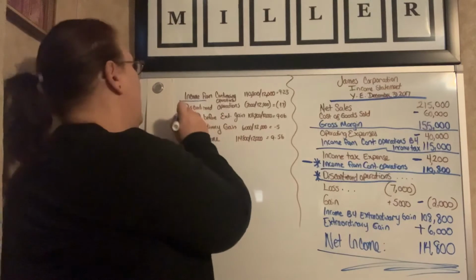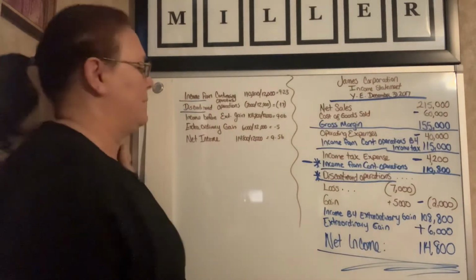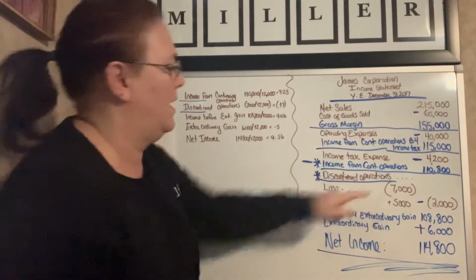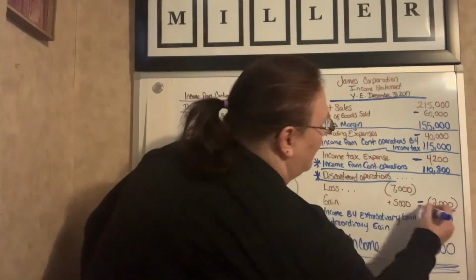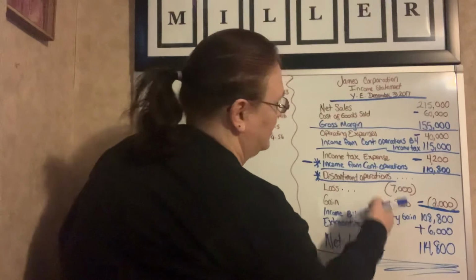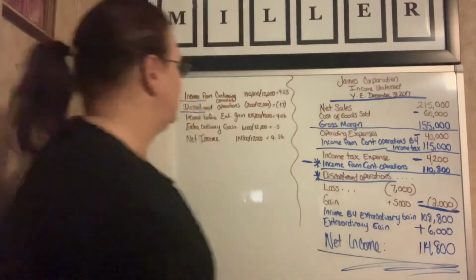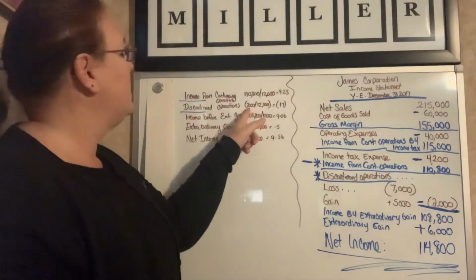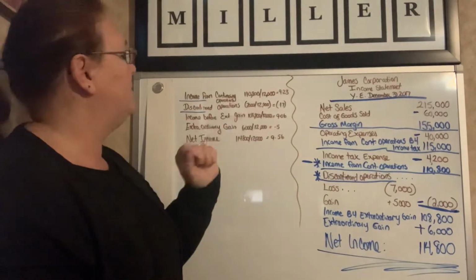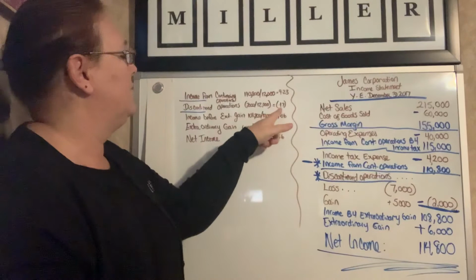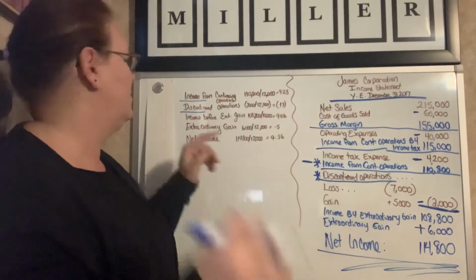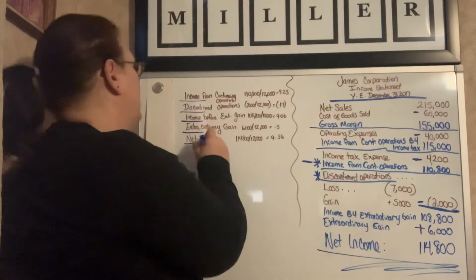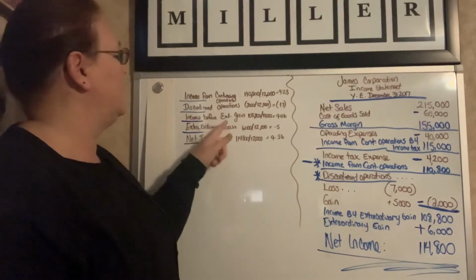The next number you have is discontinued operations, which is the math portion of it. You did your math over here. This is your result, so it's the negative 2,000. Remember, you have to keep this a negative number. Negative 2,000 divided by 12,000 is a negative 0.17, rounded up. The third one out of 5 is income before extraordinary gain.